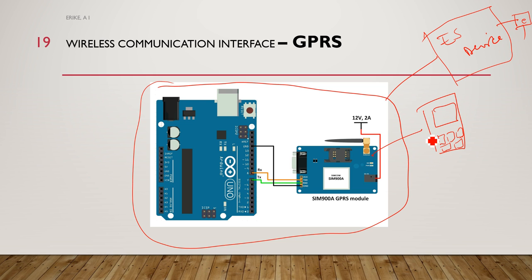All right, for instance, if this particular device has a sensor that tests the humidity level of the soil, this particular GPRS module can be used to send information to another device.